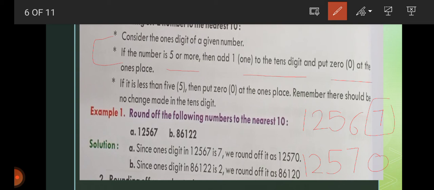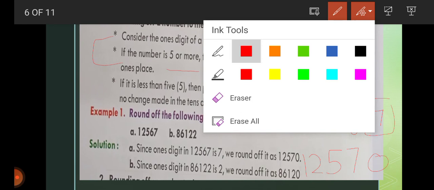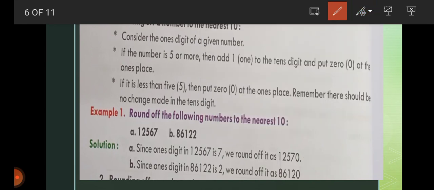Now the next condition is if it is less than 5, then put 0 at ones place. Remember, there should be no change made in the tens digit, right? Suppose you have the example 86,122.